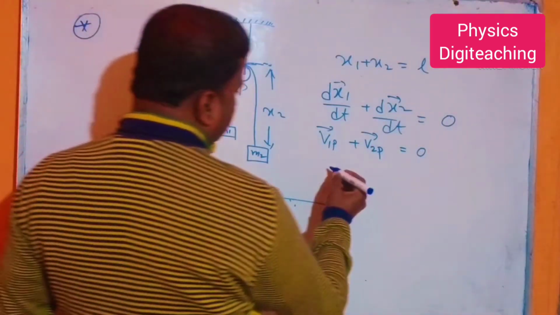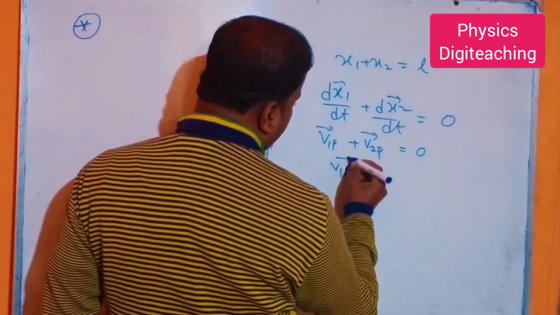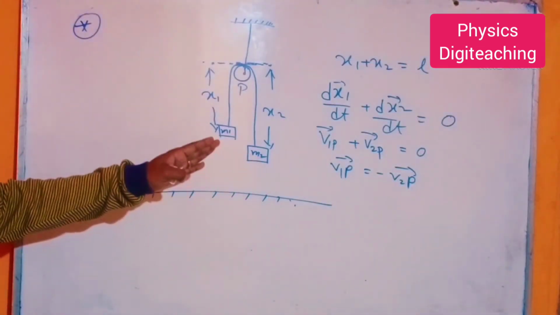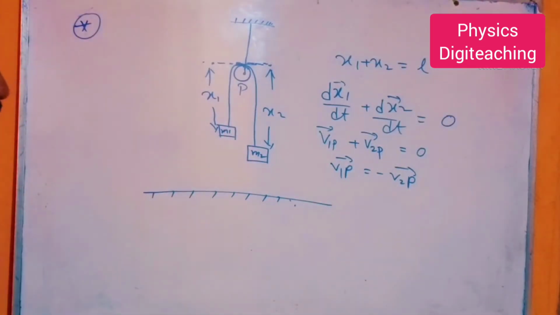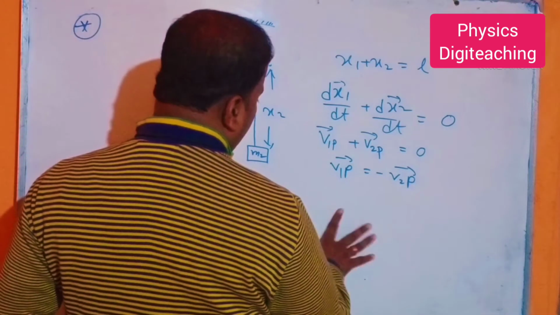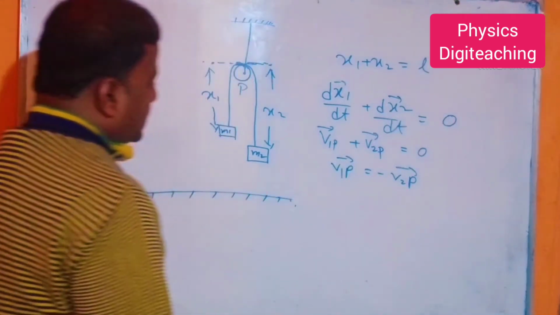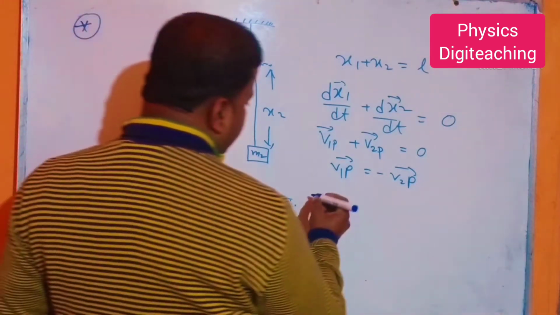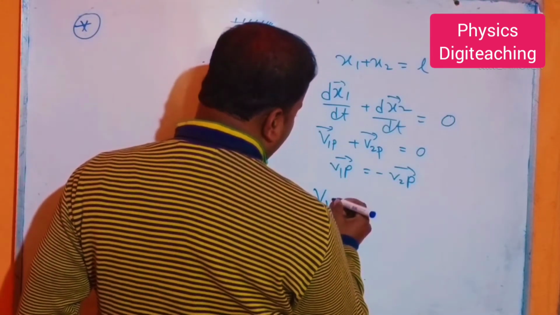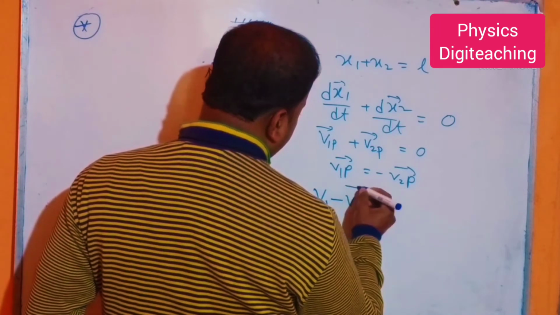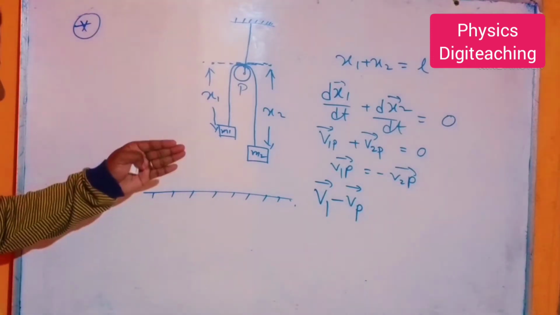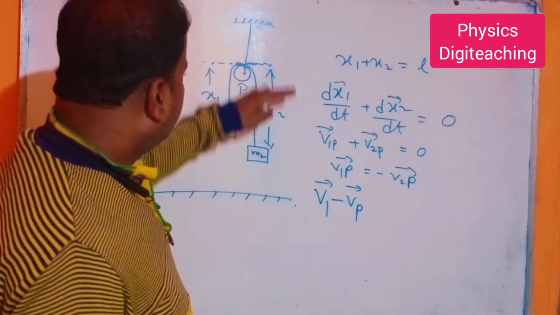Then we see that V1P equals minus V2P. The directions of the velocities of m1 and m2 are equal and opposite. Now this is the velocity of body mass m1, and we can write this as v1 minus vp. v1 is the velocity of mass m1 with respect to the ground, and vp is the velocity of the pulley.